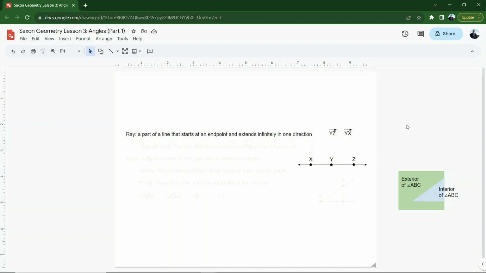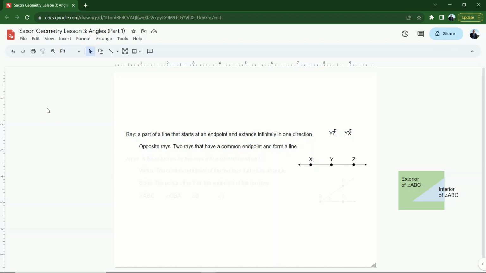But more appropriately, because YZ was one ray that I drew and YX was another ray, we would call these opposite rays. They're two rays that have a common endpoint, and the key is when we take all of their points together, they form a line. So we would say that ray YZ and ray YX are opposite rays.